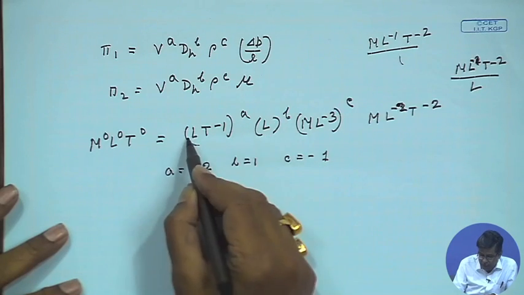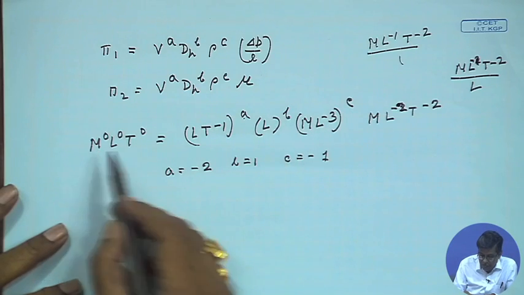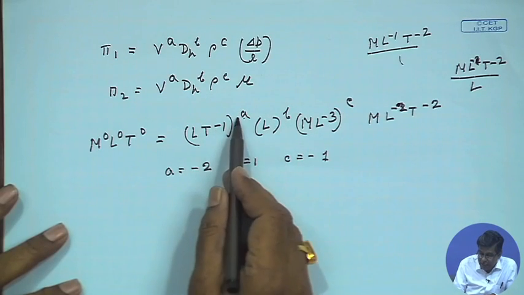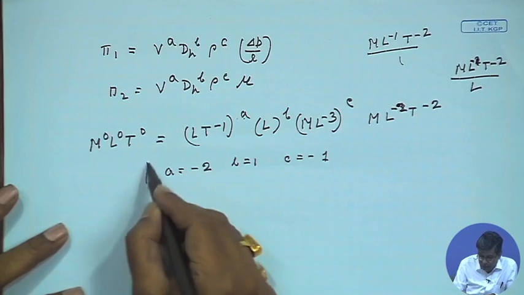For L, A plus B minus 3C is equal to 0. Similarly, for T, minus A minus 2 is equal to 0, so A is equal to minus 2. This way you get this.